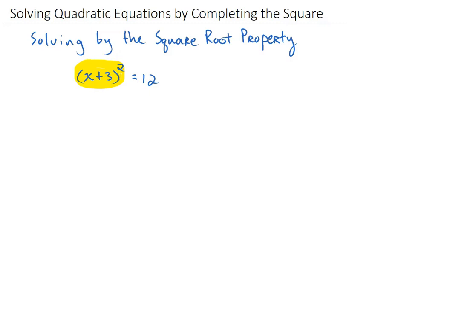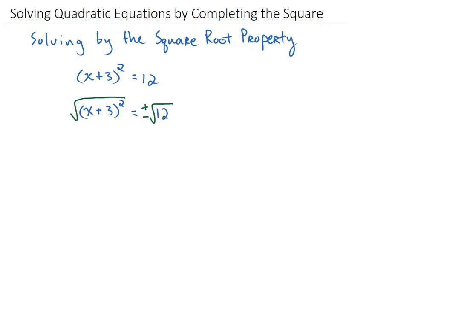Sometimes the squared piece is just an x squared and sometimes it's a quantity like this, but the square root property is good for solving these types of equations. So the way we went about solving them was we would square root both sides, but on the right side we would insert a plus or minus with the square root. And that's essentially what the square root property tells us we have to do.